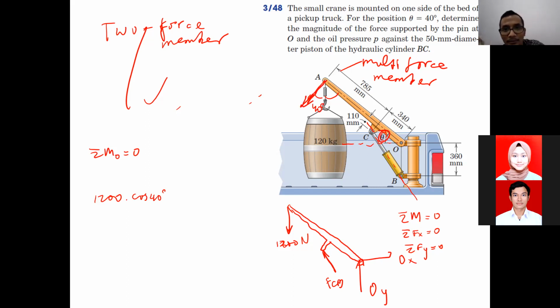Oke, lengan momennya berapa? 1125, betul. 1125 mm. Ini Newtonnya.